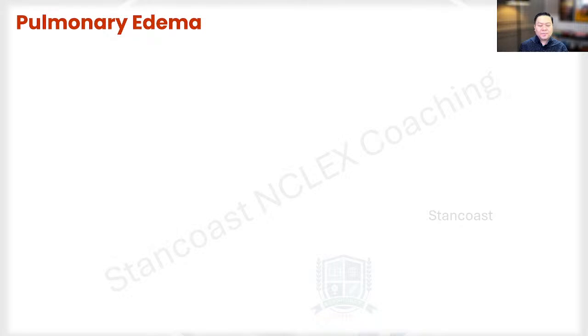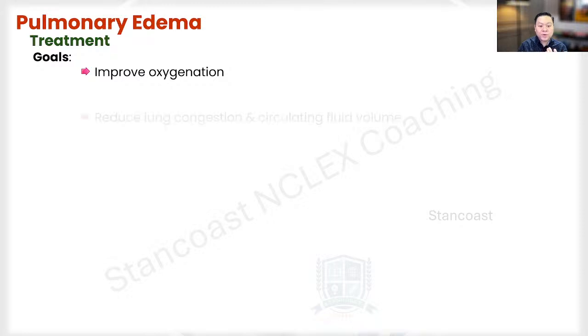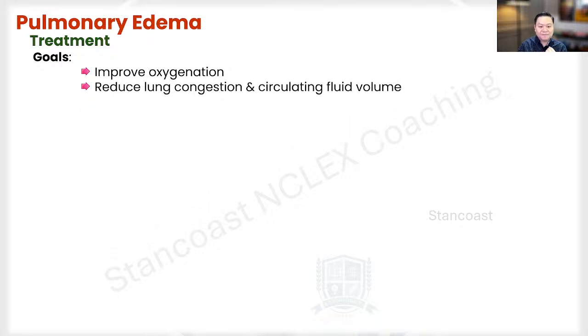Now we're going to talk about the management of the pulmonary edema. We have to pay attention here, guys, because our goal of treatment for this patient is to improve the oxygenation. And we want to make sure that we're also identifying and correcting the precipitating factor.